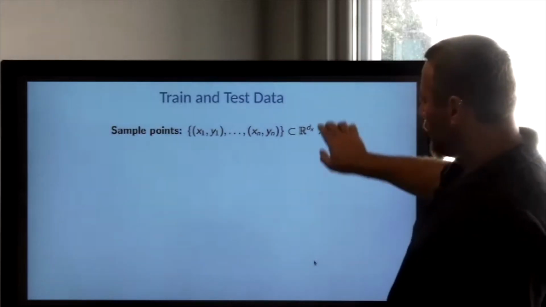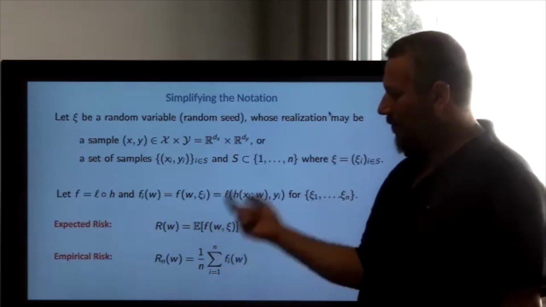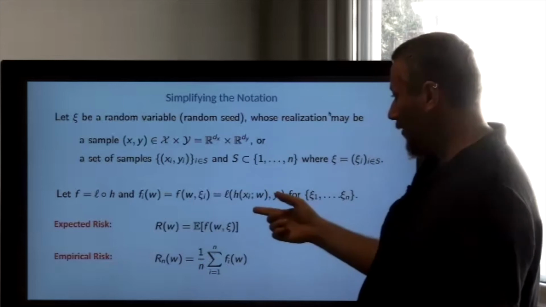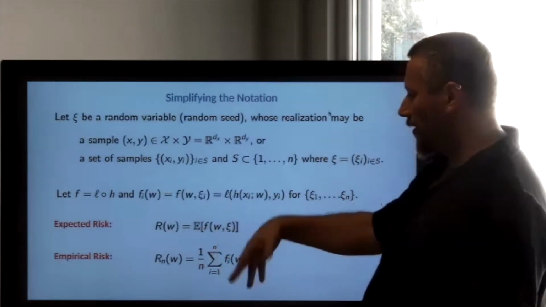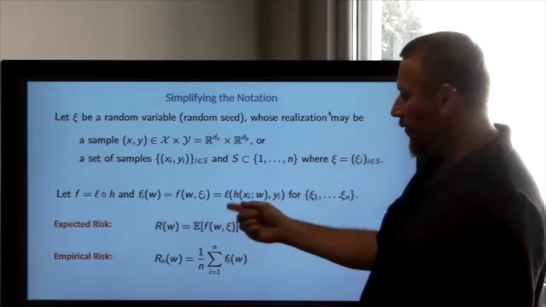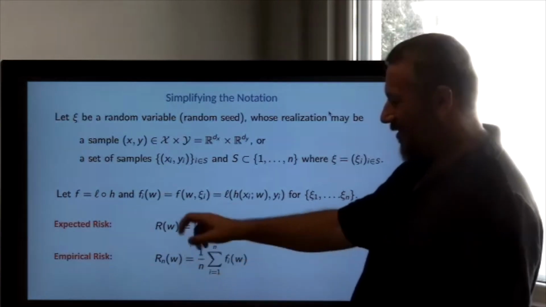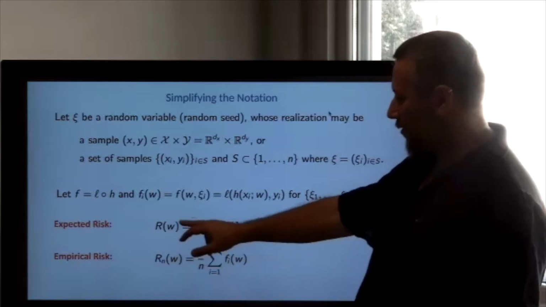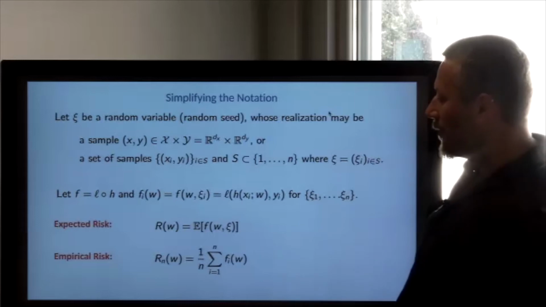All right, so as I told you, our real problem is minimizing the expected risk. But we cannot do that because we need to calculate the expected value of this function with respect to a distribution that we don't know. So instead, we use the empirical risk, and we hope, not really hope, but we can show that it gives you a good enough solution for the expected risk problem also.